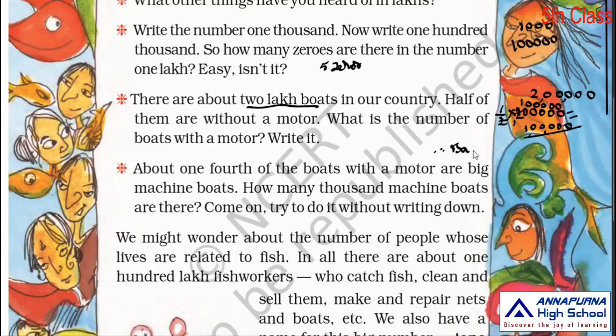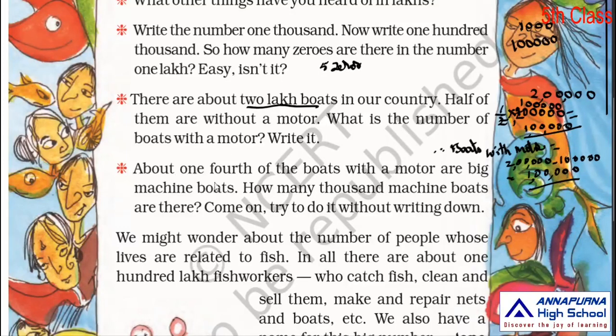Boats with motor is equal to total 2 lakh minus 1 lakh, which is equal to 1 lakh. Again we got 1 lakh boats with motor.